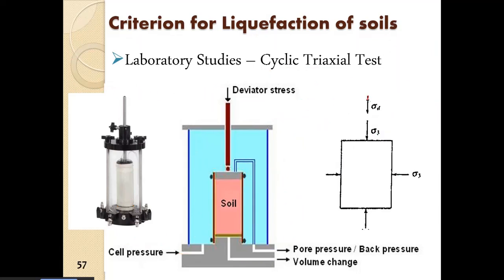This is the cyclic deviator load which is applied in the cyclic triaxial test. So we have the sigma 3, which is the cell pressure, and we have the deviatory load. Initially it is increased, then decreased, and again increased, and again decreased, in a cyclic manner. Now we have to replicate the stress condition in the soil.